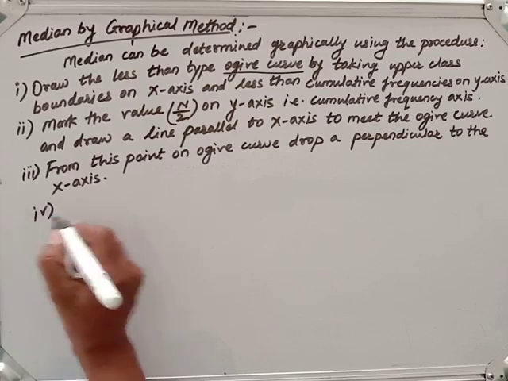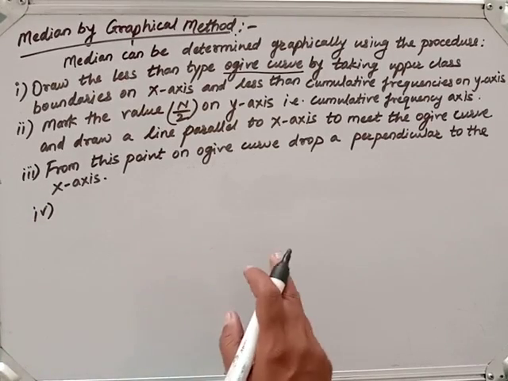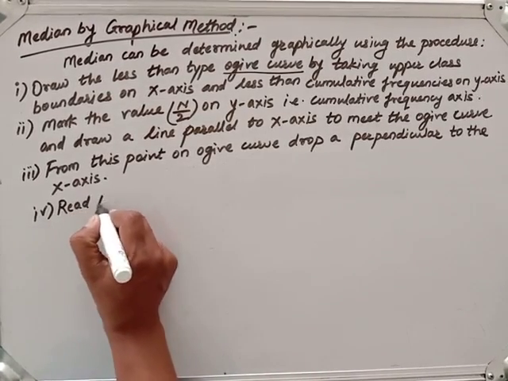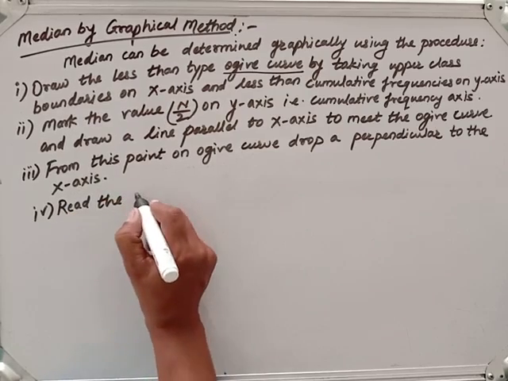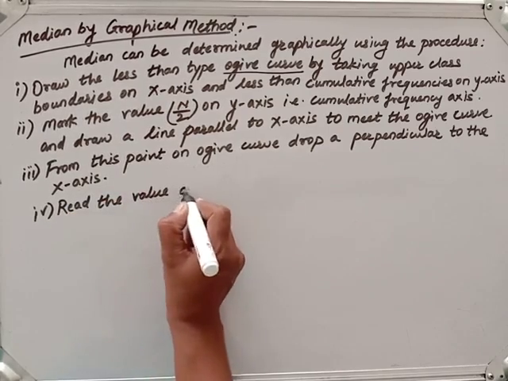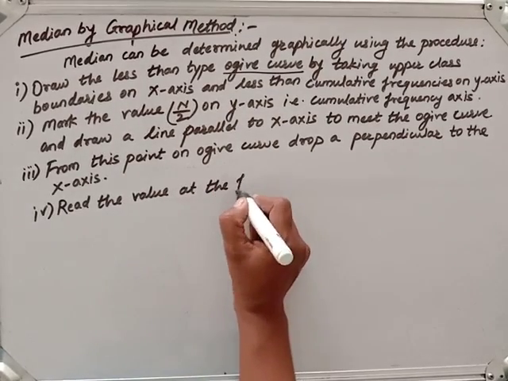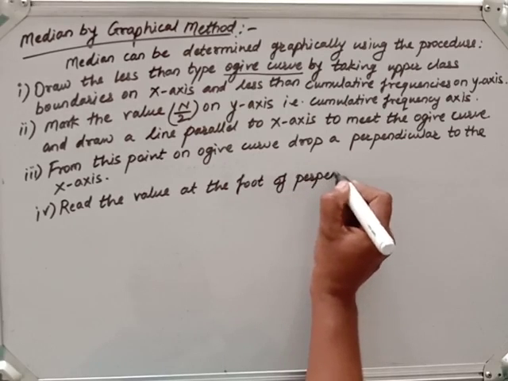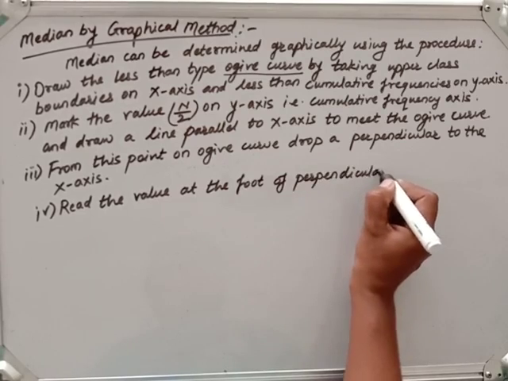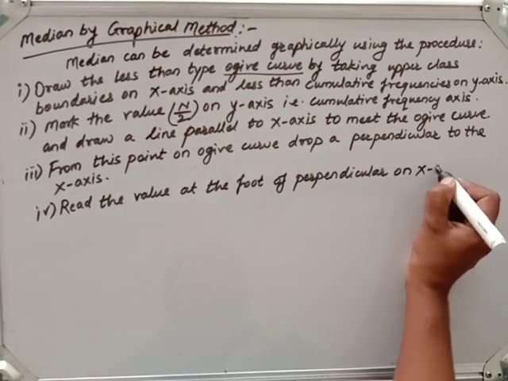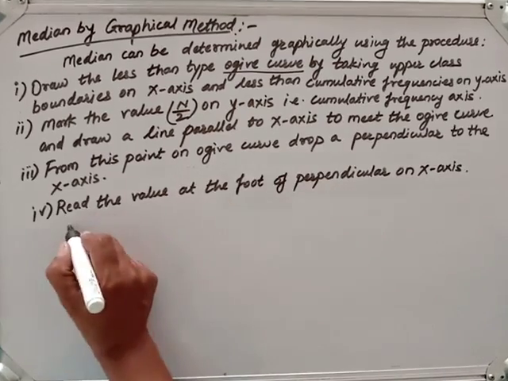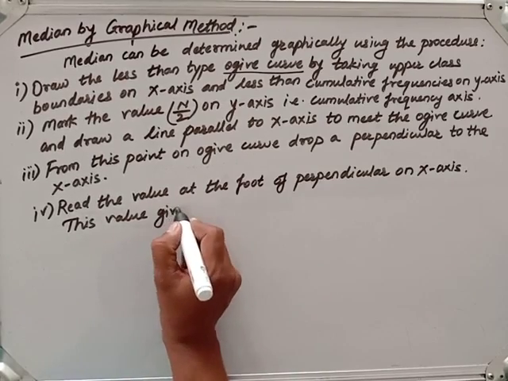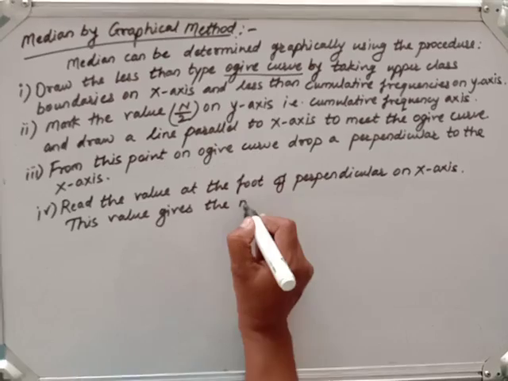Once we drop a perpendicular, it will meet somewhere on x-axis, that is the foot of perpendicular. Read the value at the foot of perpendicular on x-axis. This value is nothing but our median, it gives the median of the distribution.